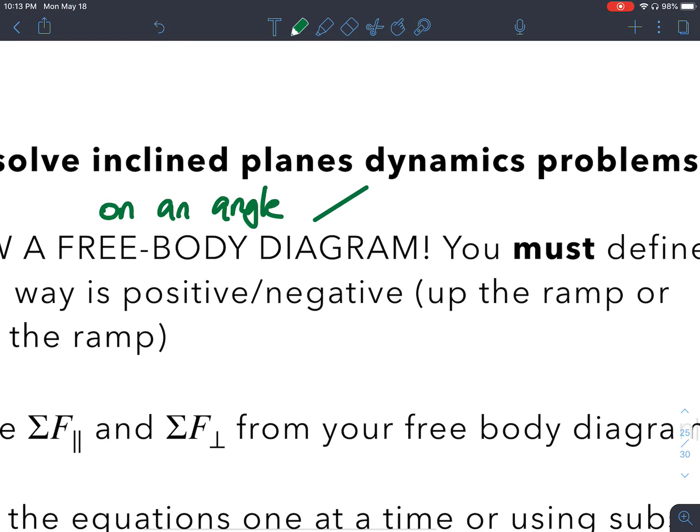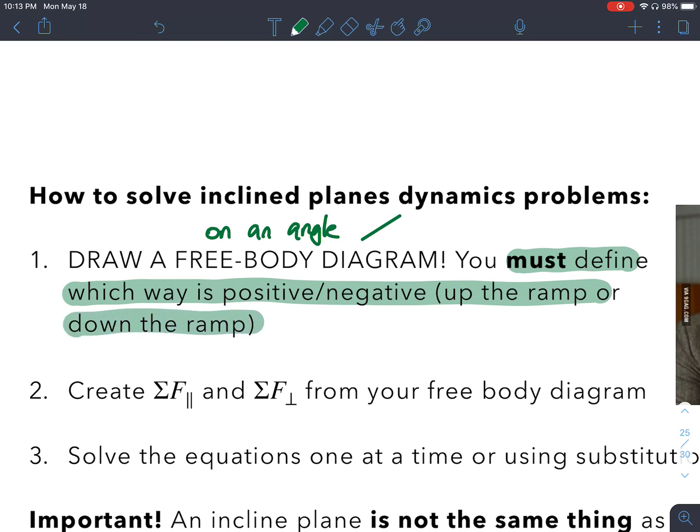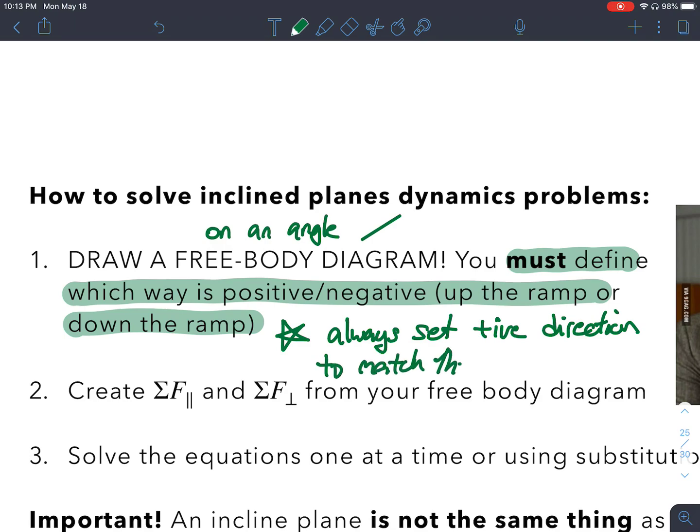Perfect. Okay. But what you must do is define which way is positive, up or down the ramp. And you're always going to set the positive direction to match the motion of the object.